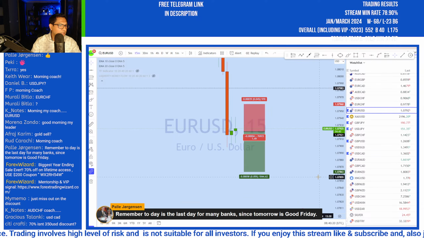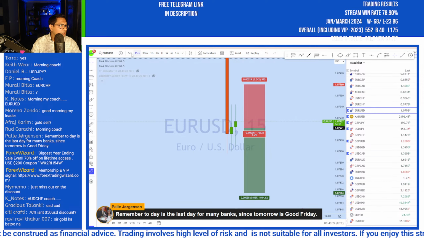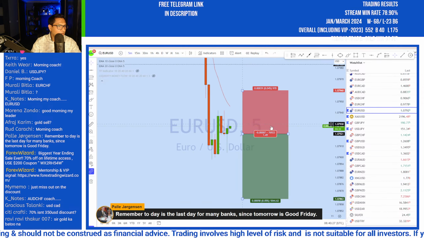Okay, so this 15 minutes candle closing is very important for us to see that it's closing as a red candle.